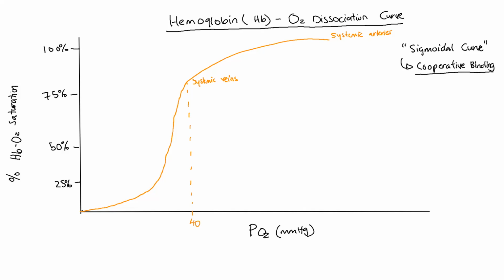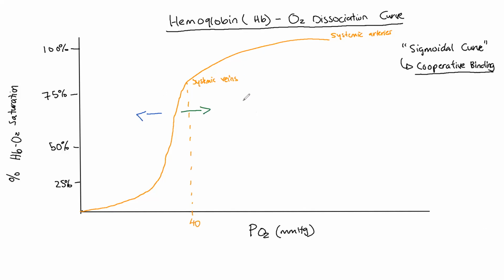We can then think about the shifting of this curve. So we can think about states that shift the curve right and states that shift the curve to the left, okay? Shifting the curve to the right makes it harder to load oxygen onto hemoglobin. So let's talk about the right first, and then we'll speak about the left shift.